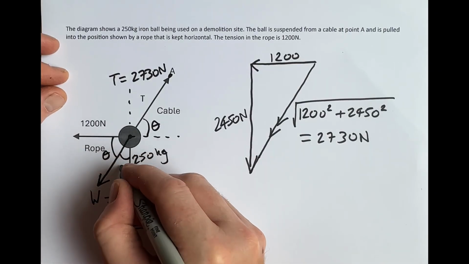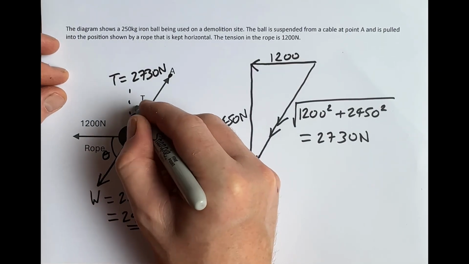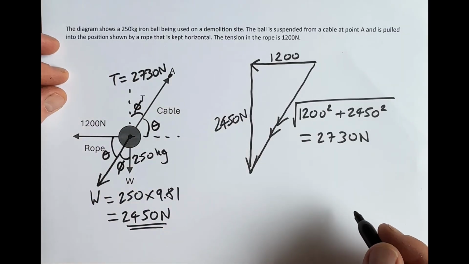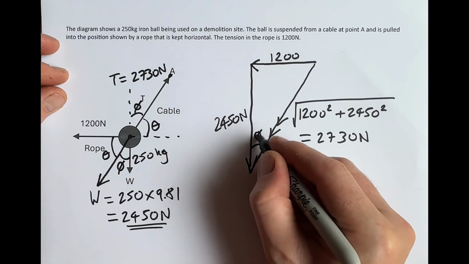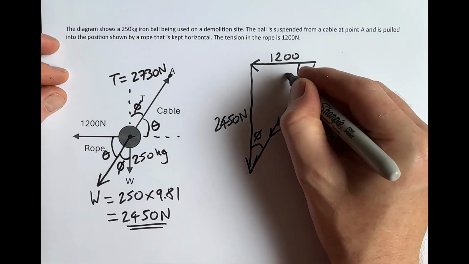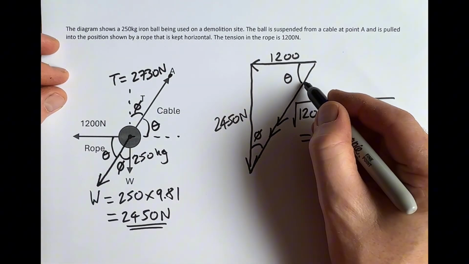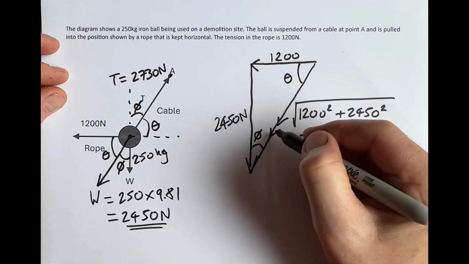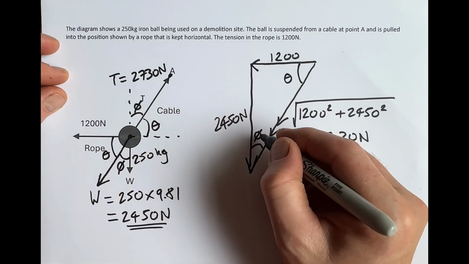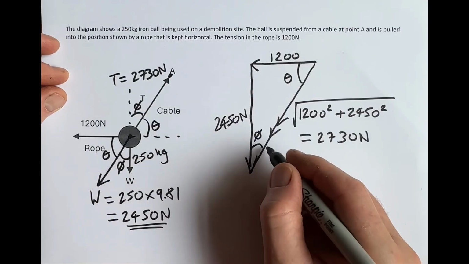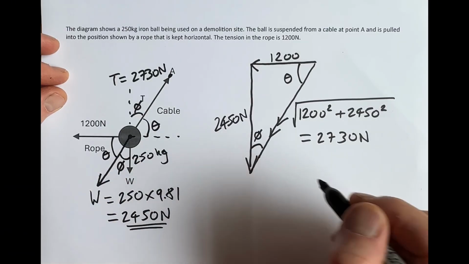And if we call that angle there phi, it's the same as this angle here, phi. Okay, so this is the angle phi, and this is the angle theta, because that's the angle between this resultant force here and the horizontal, and this angle here is the angle between the resultant force and the vertical.